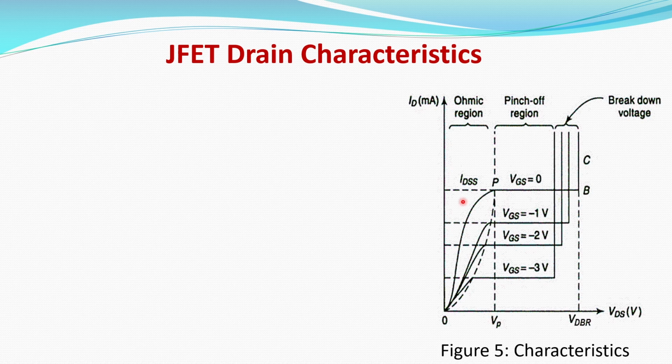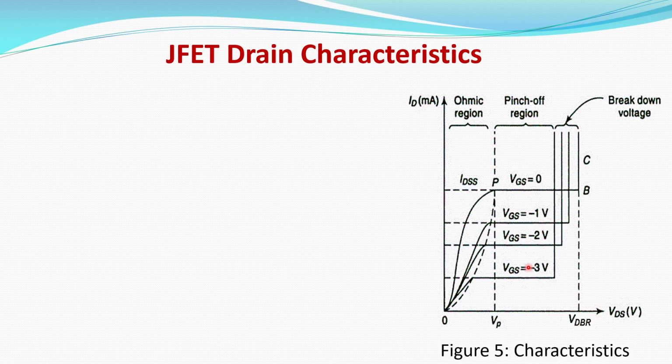And this is the general JFET drain characteristics of the amplifier circuit. Based on the drain to source voltage and the drain current, the characteristics are structured. Based on the VDS and ID values, the VGS value is presented. There are conditions for the drain current as well as VDS. It consists of three regions.